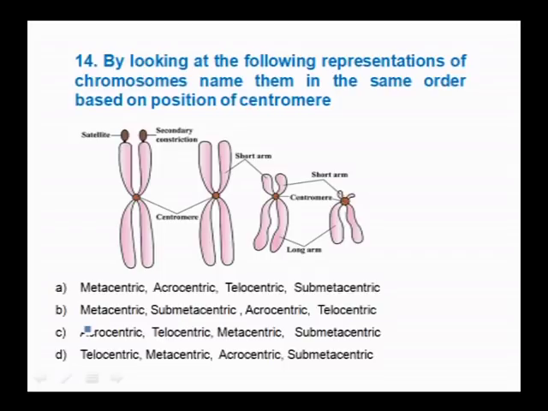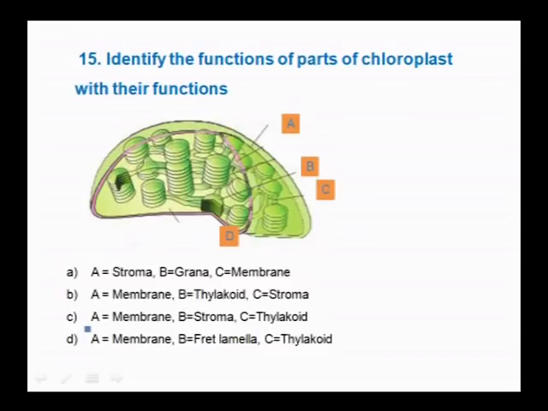So the options here are B. Option B is the right one. The first chromosome is metacentric, the second one is submetacentric, the third one is acrocentric and the fourth one is a telocentric chromosome.